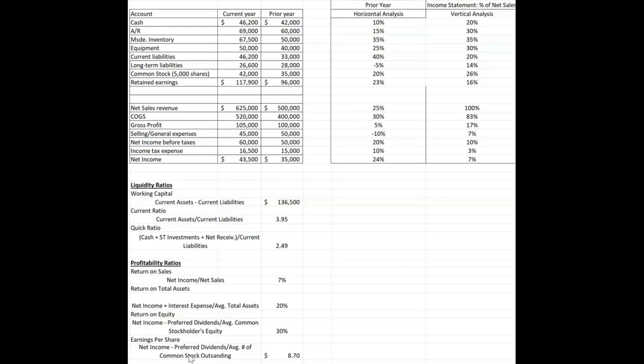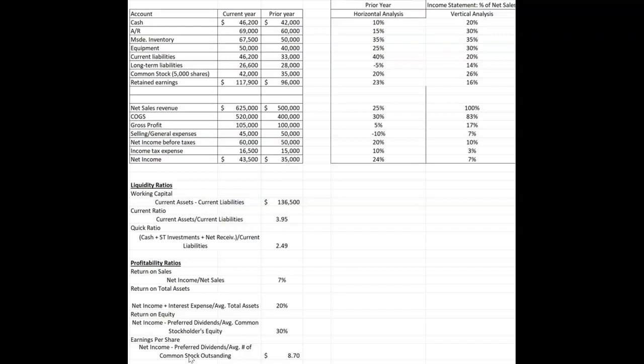And current liabilities are pretty quick also. They're just the 46.2. So 115.2 divided by 46.2. Oops, that gives us a terrible number.